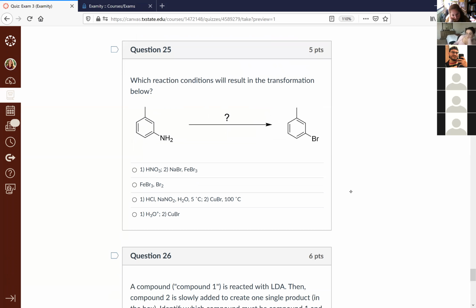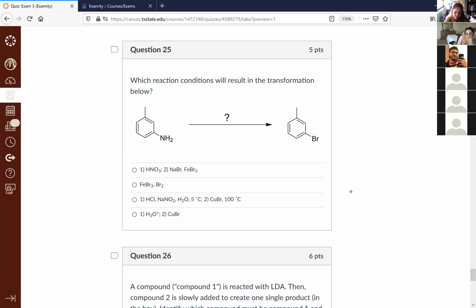Which reaction conditions will result in the transformation below? This is a very similar reaction to the one that we looked at earlier. We turn an amino group into a bromine on a benzene ring. There's only one way that you guys know how to do this, and that would be through a Sandmeyer reaction.